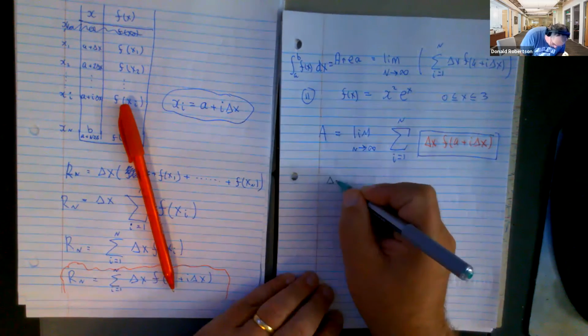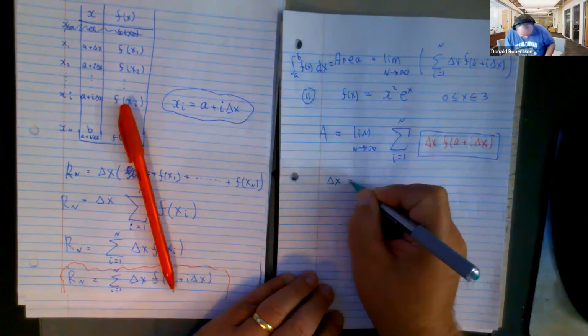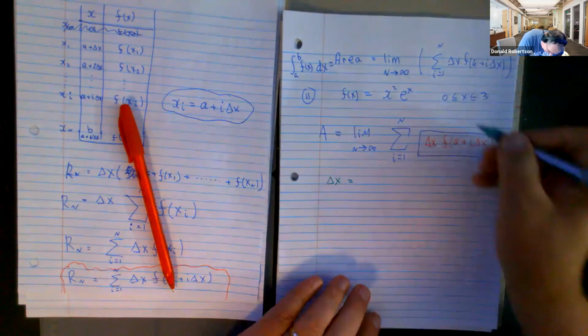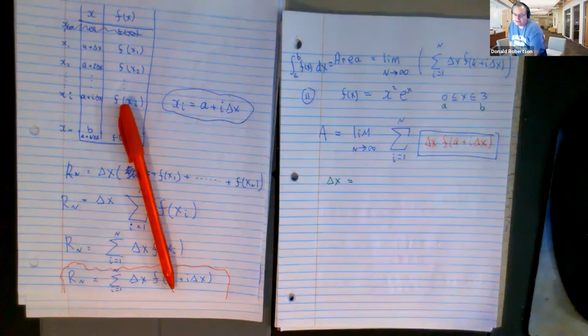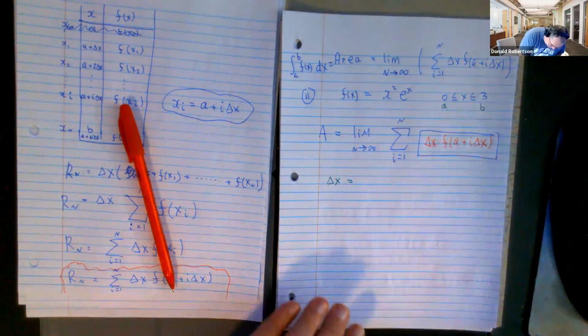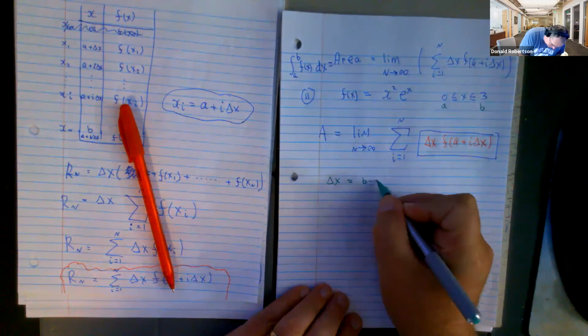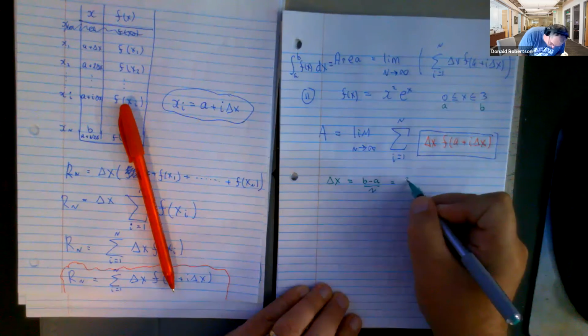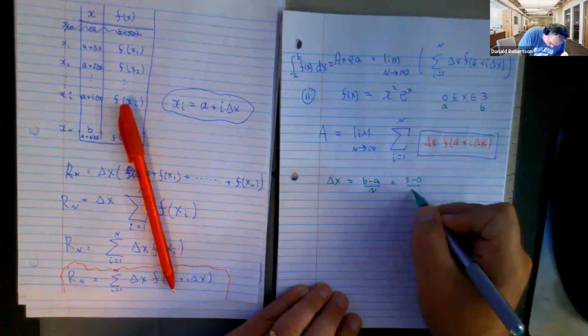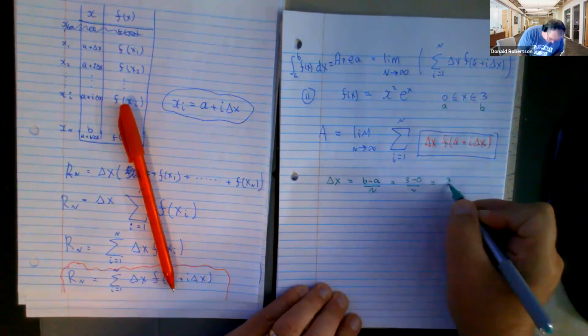I'm going to have to calculate who delta x is. Would you agree that a is 0 and b is 3? So that's going to be b take away a over n. That's going to be 3 take away 0 over n. That is going to be 3 over n.